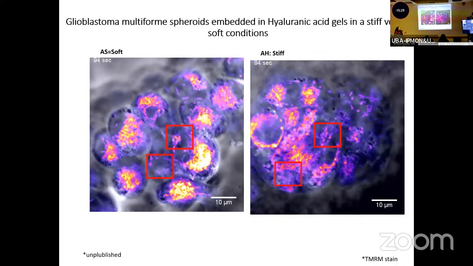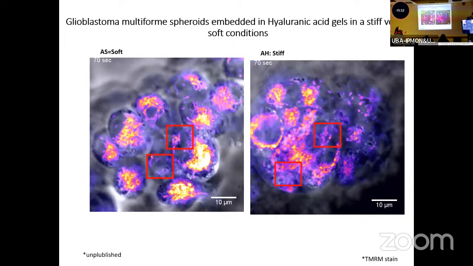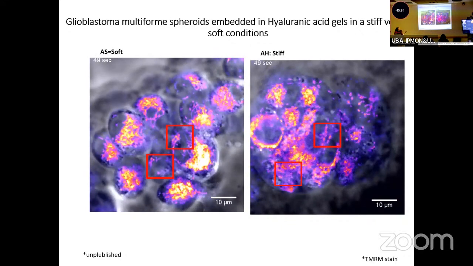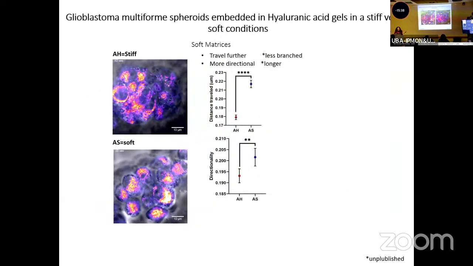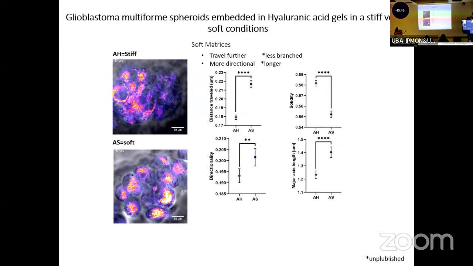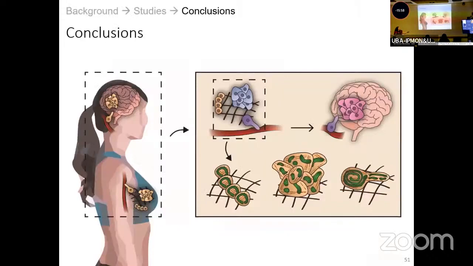These are movies of mitochondria in the 3D culture of spheroids in hyaluronic acid. When we looked at this data, we see that the cells in the soft matrices travel further and they're more directional. They're less branched and they're longer compared to the stiff material. Remember that soft matrices are highly glycolytic, stiff matrices are more OXPHOS.